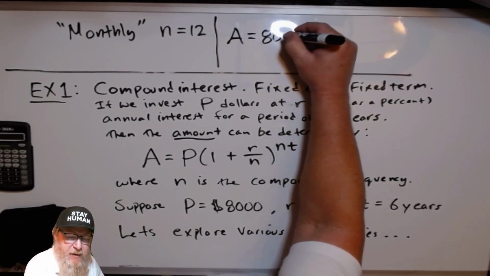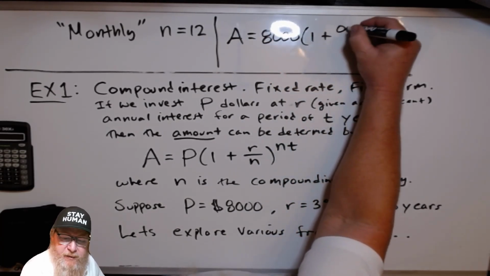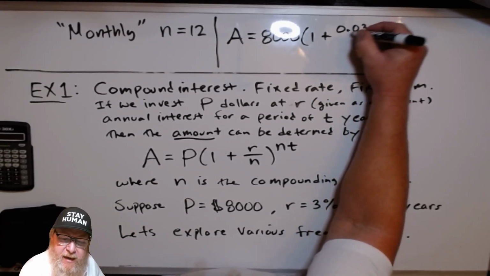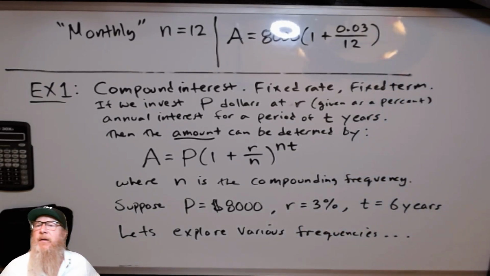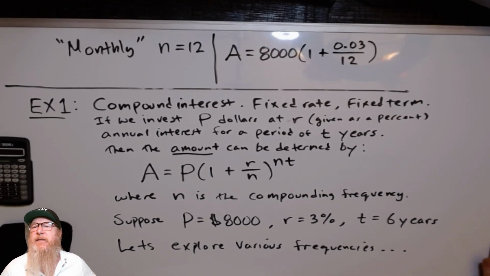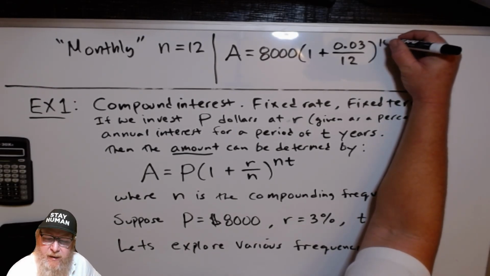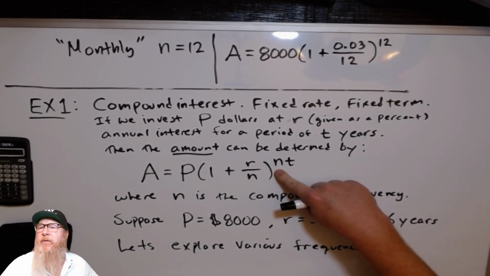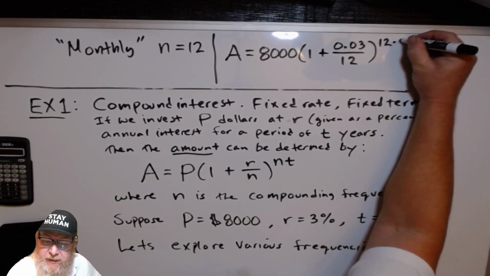So we got $8,000. 1 plus 3%. There's our 3%. Raised to the n, number of compoundings, times t, 6 years.